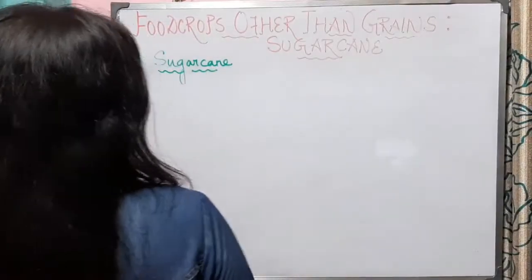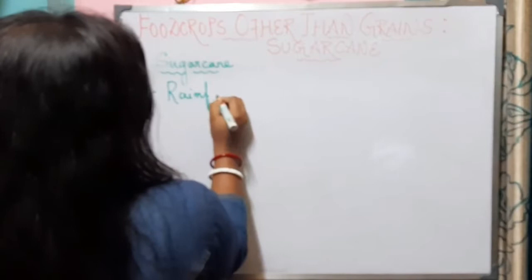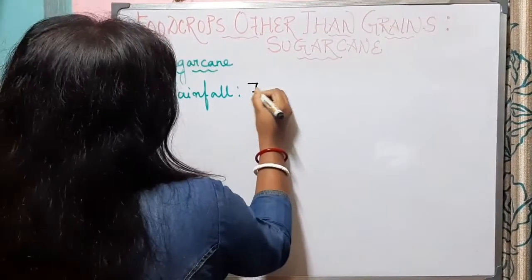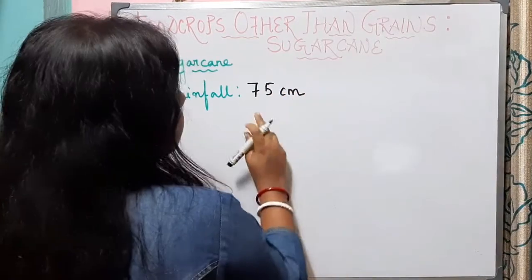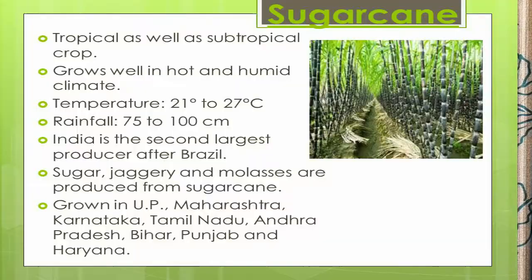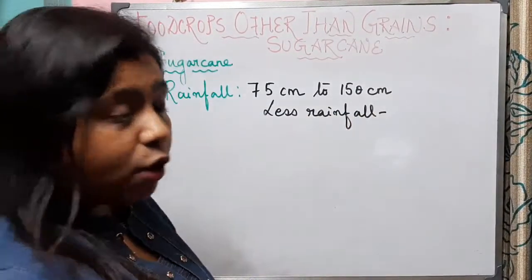Now let us know the amount of rainfall that is required for the growth of sugarcane. It requires about 75 to 150 centimeters of rainfall. In areas of less rainfall, we can also cultivate sugarcane. How?